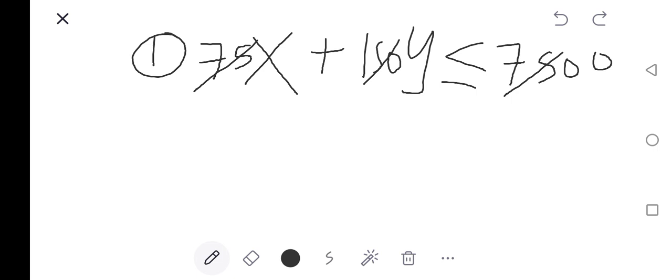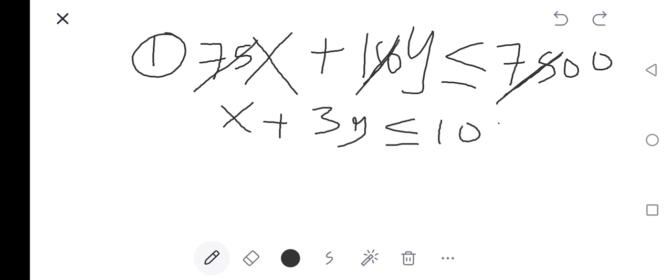Like we are just reducing. X plus 75 into 3, sorry, answer 3Y. 75 here, it is 100. So that is our first inequality. It's X plus 3Y less or equal to 100.